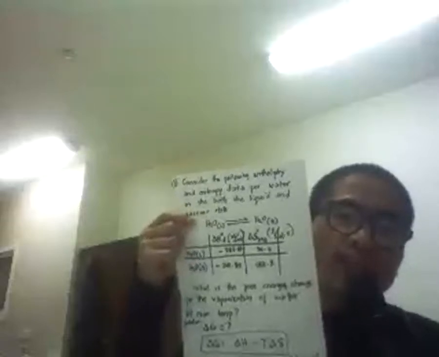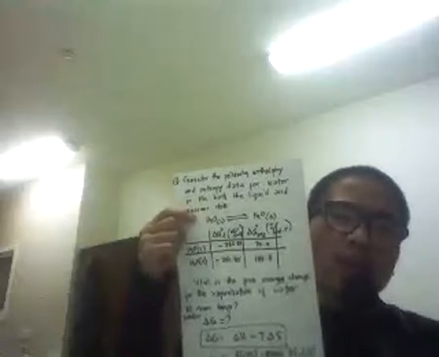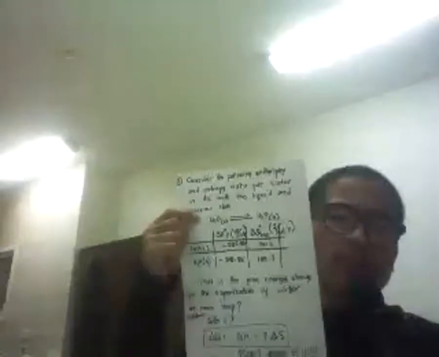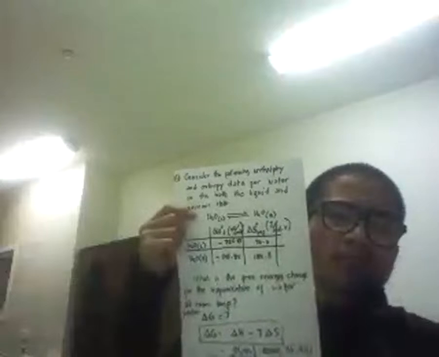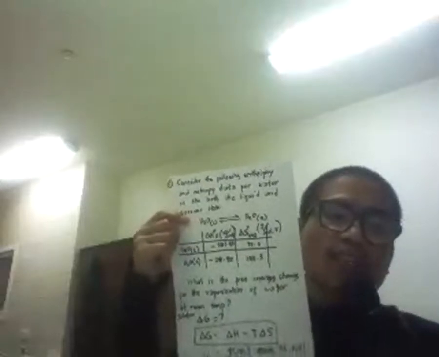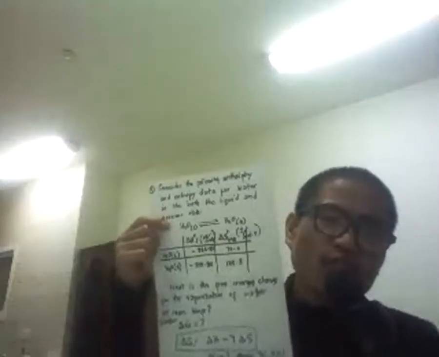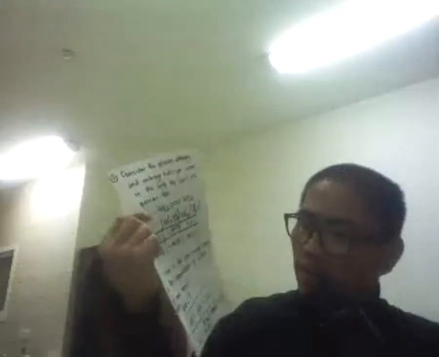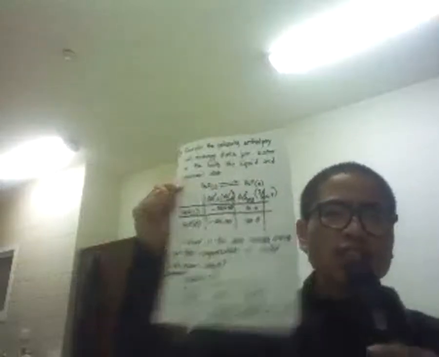A liquid turns to vapor, and the vapor will not go back to liquid because it's already dissipated into the atmosphere. So this is a non-spontaneous or irreversible reaction, and my first analysis was wrong, as shown by the computed delta G.